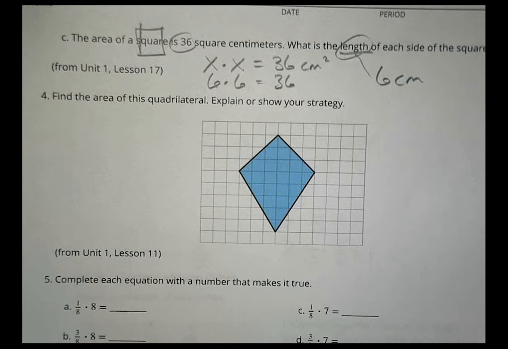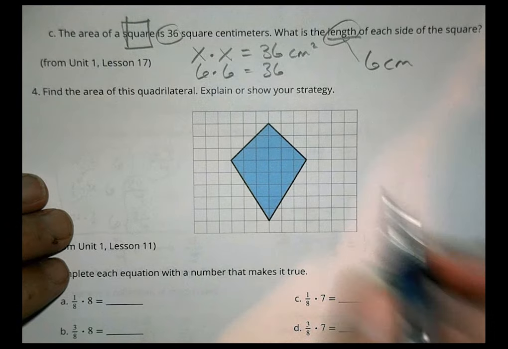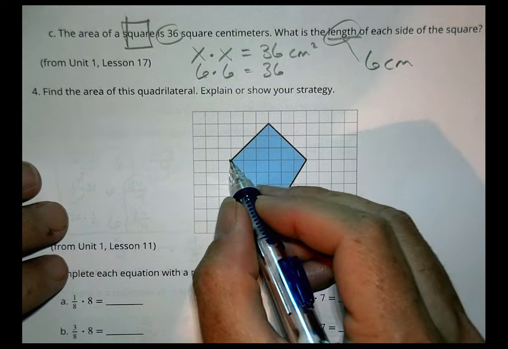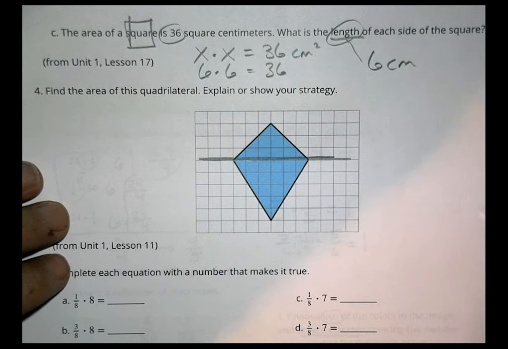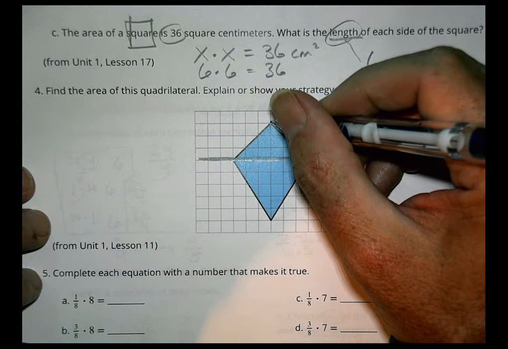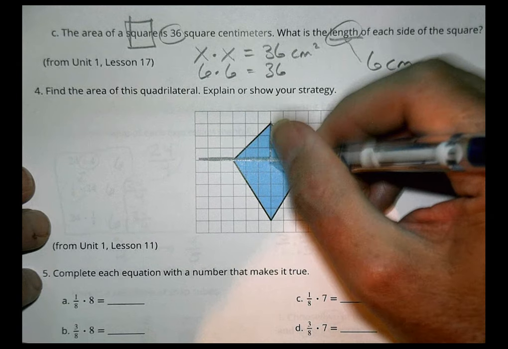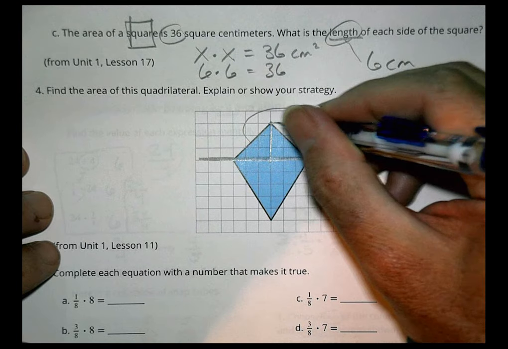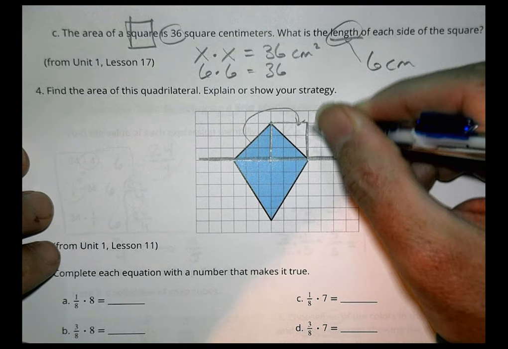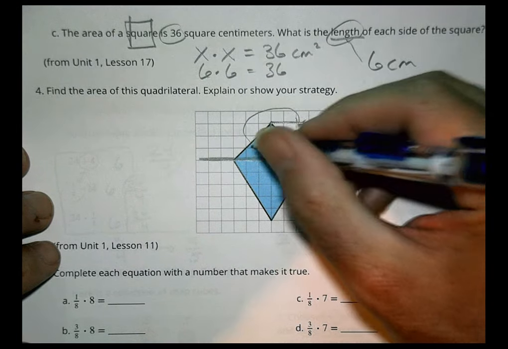Number 4, a review from Unit 1. Couple ways of doing this one. First of all, I could cut this in half like that and say I have 2 triangles. I could find the area of the first triangle and add it to the area of the second triangle. That's one way of doing it. I could also recognize that if I cut this triangle here, I could rotate that one around and draw a nice square like this, by flipping that over there.